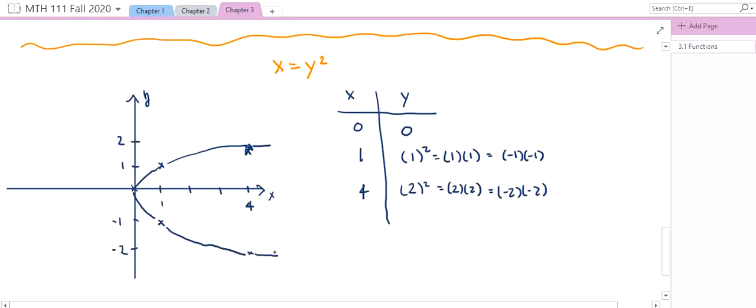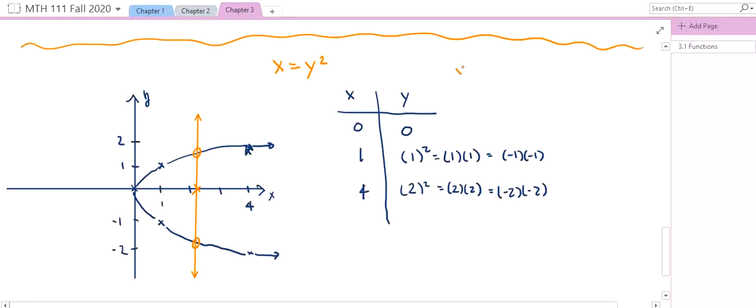So the full plot of this, outside of the principal roots, is something that looks like this. It's a parabola that opens up to the right. And if we try our vertical line test, you will see that for any particular x value, we have two y values.